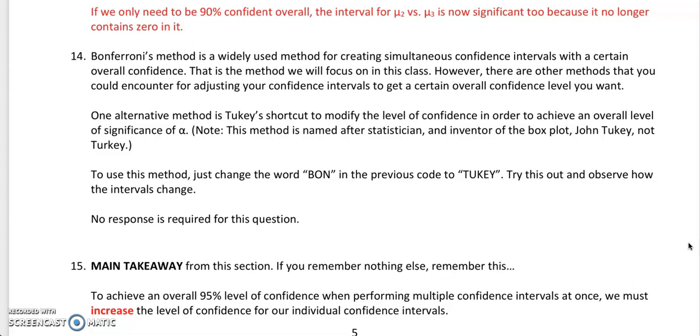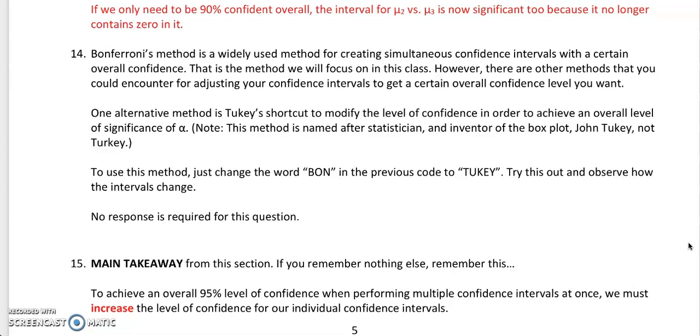That's the really important part. So again, if you're in another class, if you're doing research in your field or something like that, and you're going to make a bunch of confidence intervals to make some sorts of comparisons, if you want to be 95% confident in all of your comparisons, your individual intervals need to have a higher level of confidence. And Bonferroni's method is one convenient way of doing that.